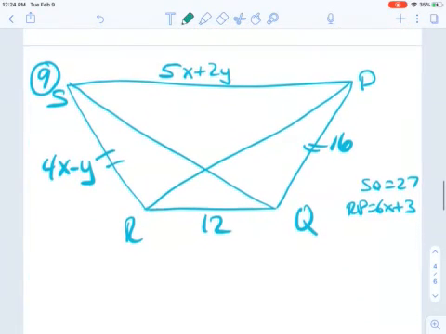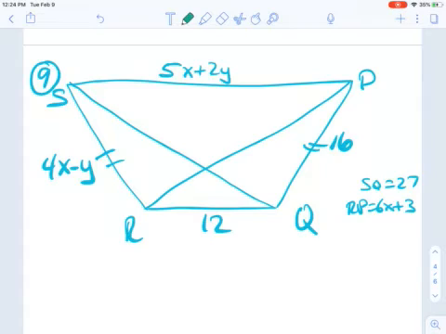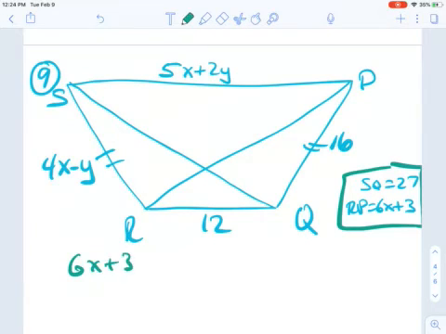Number 9, we are looking at an isosceles trapezoid. The two givens here on the right saying SQ is 27 and RP is 6x plus 3. Diagonals are congruent, so we will set these equal to each other. And I get x equals 4, which means I can plug in 4.